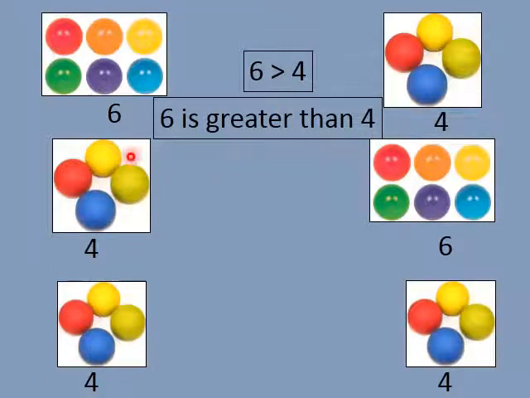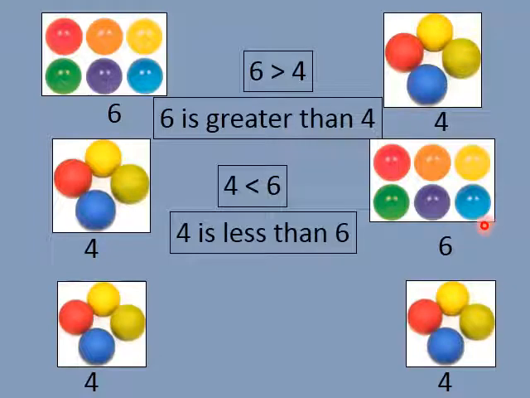Now in the second picture you can see there are 4 balls on one side and 6 on the other. Here we will write 4 to the left of the symbol, and 4 is less than 6. This is the less than sign, wherein again the crocodile has opened its mouth to the number 6 because out of 4 and 6, 6 is the bigger number.